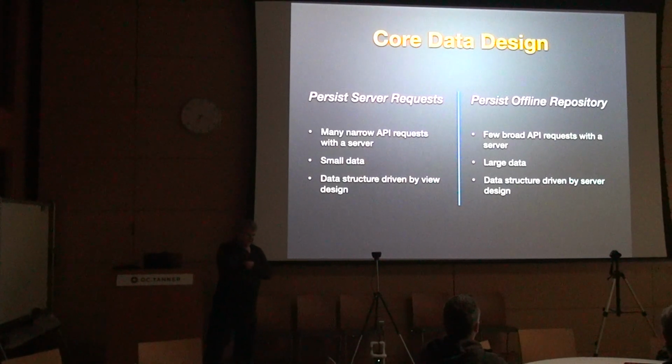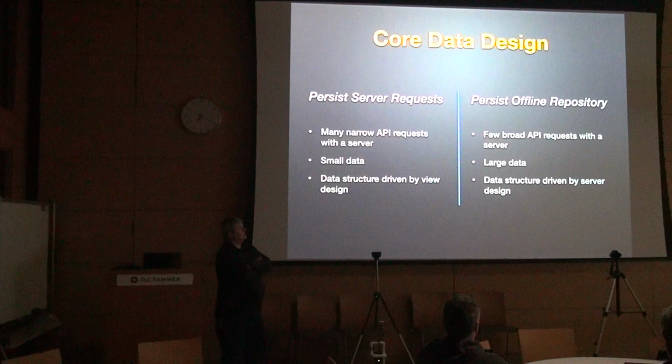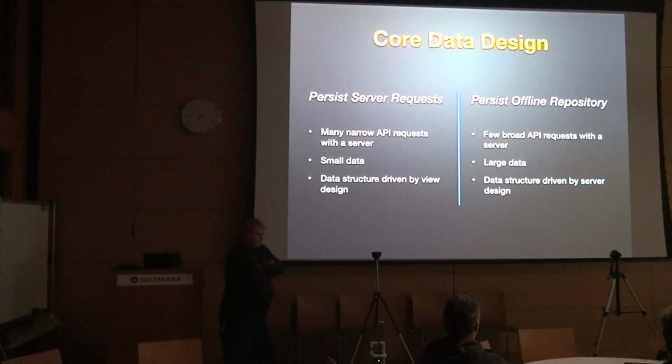So what do I mean by offline repository? One approach is, okay, you're going to persist requests. Another approach says, we're going to persist in order to create an offline repository. It means you're asking for different things.